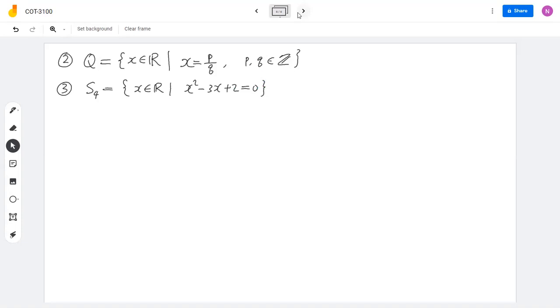First you read x in R. That means x is a real number. x has the property that x squared minus 3x plus 2 equals 0. That means x is a root of this quadratic equation. And therefore, by solving this equation, we know that x, using the set builder notation, S4 just contains two elements, 1 and 2.